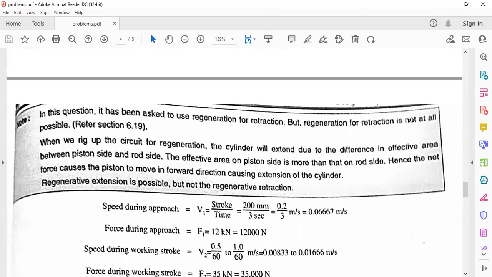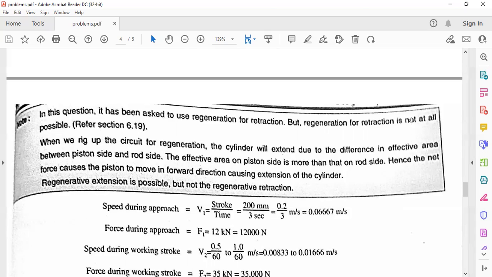the cylinder will extend due to the difference in effective area between piston side and rod side. The effective area on piston side is more than that on rod side.